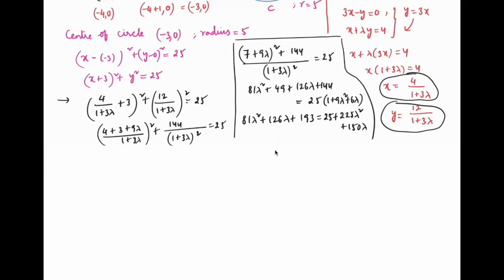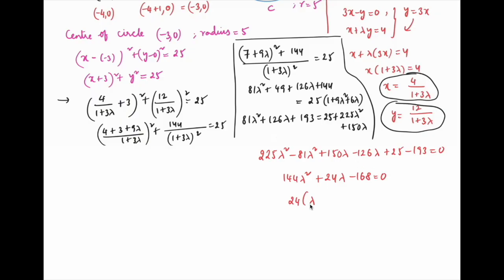Upon simplifying, we can get 225 lambda square minus 81 lambda square plus 150 times lambda minus 126 lambda and plus 25 minus 193 is equal to 0, which is equal to 144 lambda square plus 24 lambda minus 168 is equal to 0.